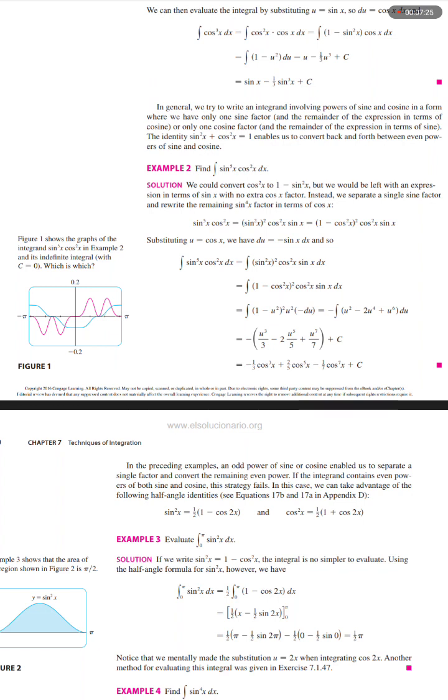In this case, we can take advantage of the following half-angle identities. See equations 17b and 17a in Appendix D. Sine squared x equals 1/2 (1 minus cosine 2x), and cosine squared x equals 1/2 (1 plus cosine 2x).